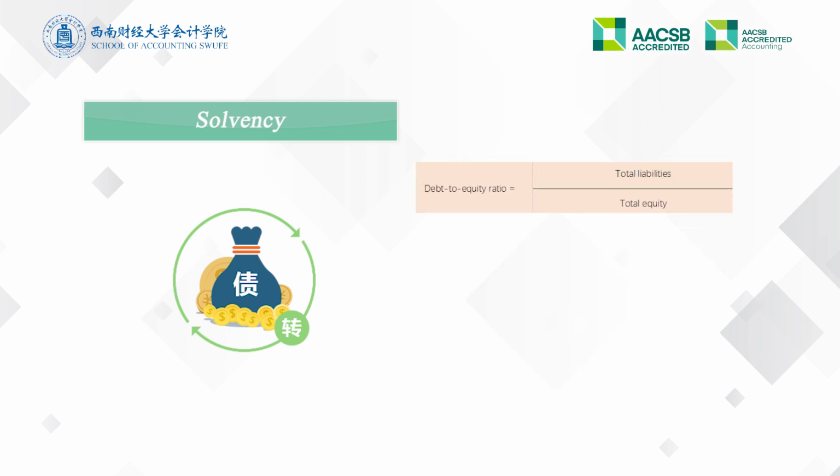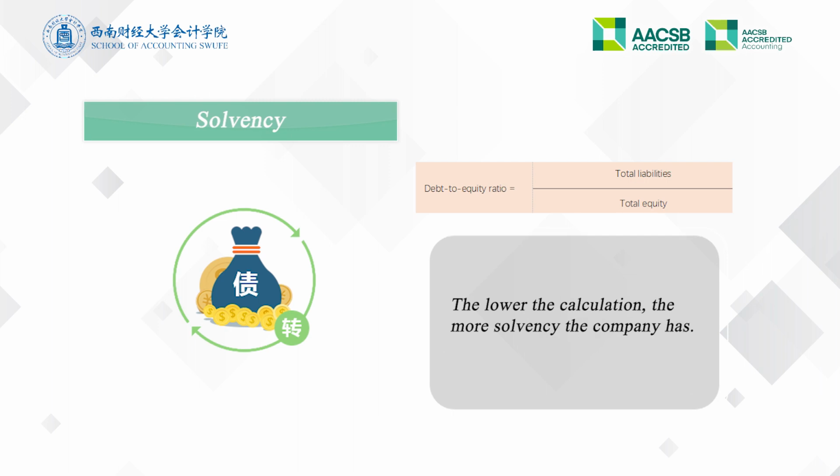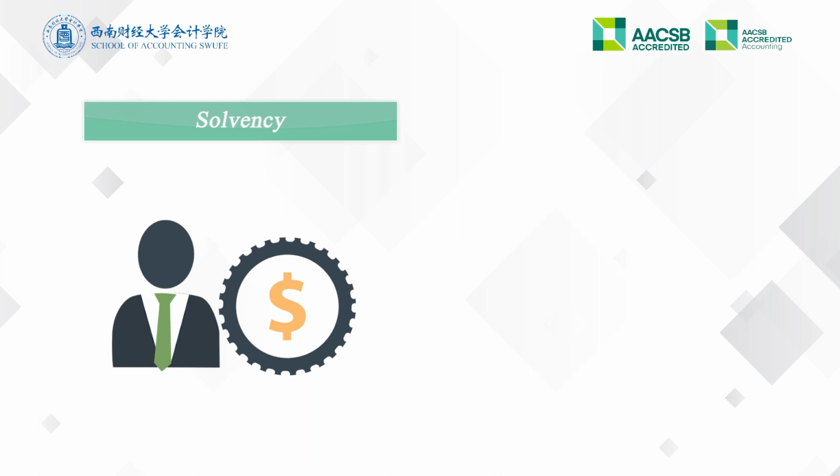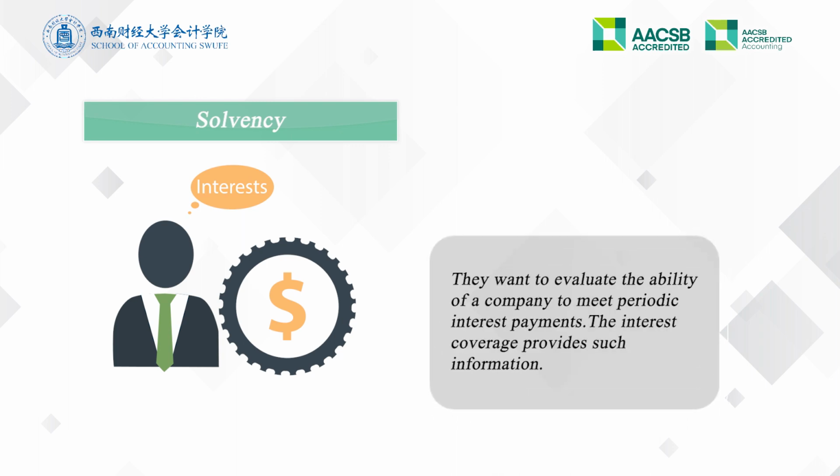Second, the debt-to-equity ratio compares a company's liabilities relative to equity. The lower the ratio, the more solvency the company has. In addition to the liabilities, long-term creditors are also interested in interest. They want to evaluate the ability of a company to meet periodic interest payments.